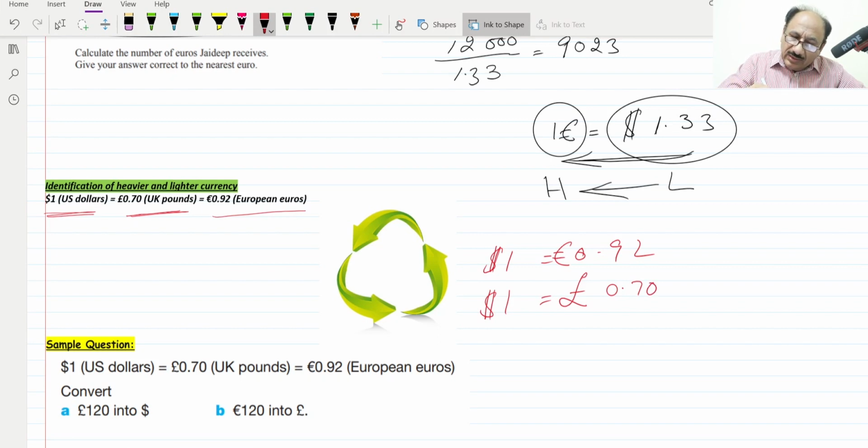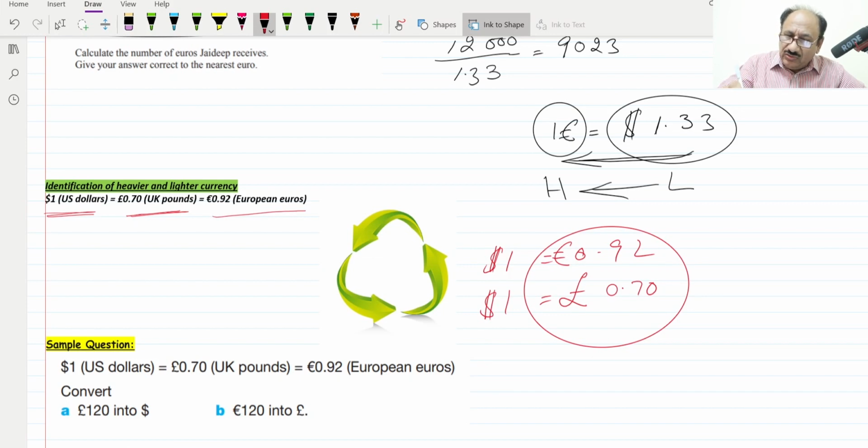So against $1, one thing is clear: both currencies, pound and euro, are heavier than the dollar, because both are less than one. So the dollar is lighter than the pound, and the dollar is lighter than the euro. This is one thing we identified from here.